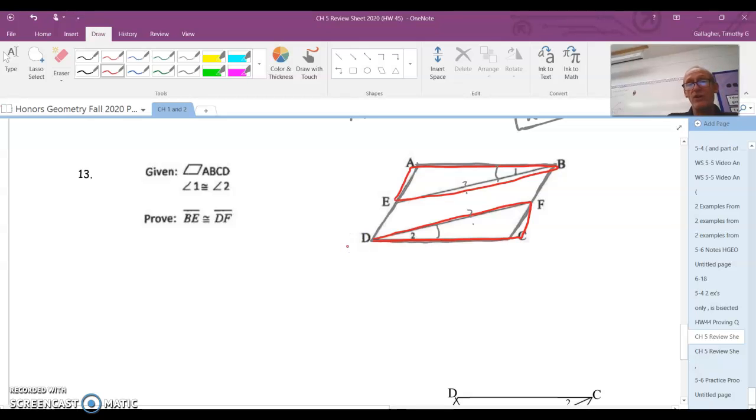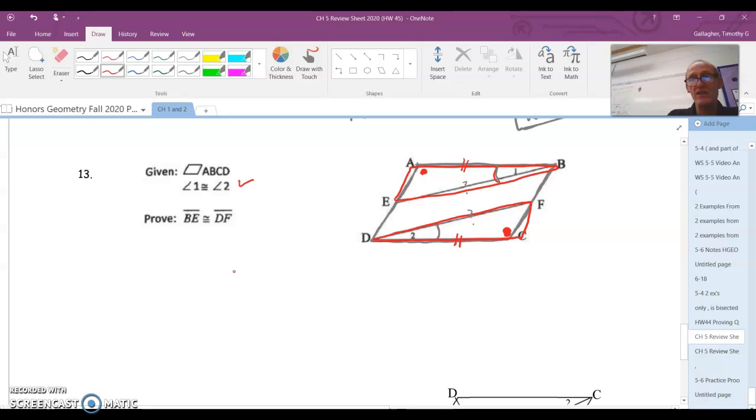We're going to do it with angle side angle because these two angles are congruent because they're given to us. These two angles are congruent because the opposite angles in a parallelogram are congruent. And these two sides are congruent because the opposite sides in a parallelogram are congruent. So we're going to get these two triangles congruent by angle side angle, and then we're going to get BE congruent to DF by CPCTC.